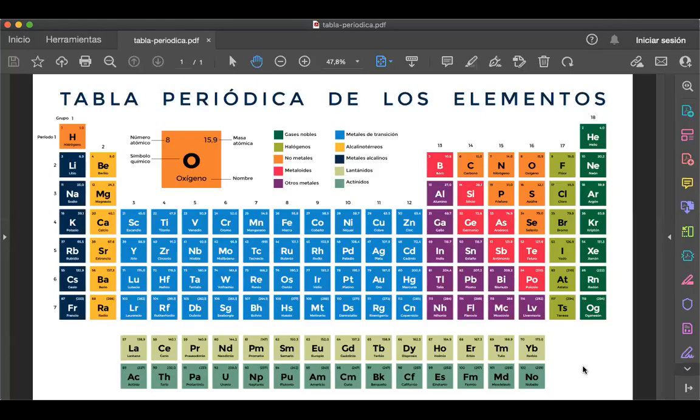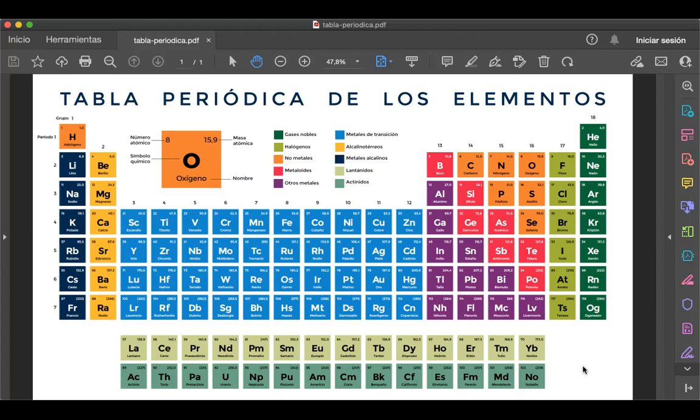Potassium is in row number 4. And look at this. Potassium is before calcium, that is 20, and after argon, that is position number 18. So the atomic number will tell us the position of the element in the periodic table and also the number of protons inside the nucleus.